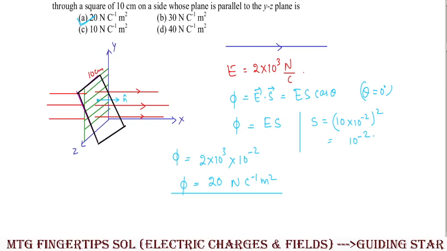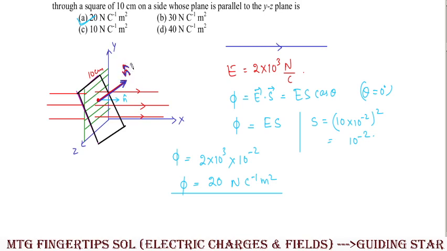Clear? And the normal to this plane, which was previously along the x-axis, right now is along this particular direction. This is n cap. The electric field is towards the right, and this is the direction of the normal to the given plane.